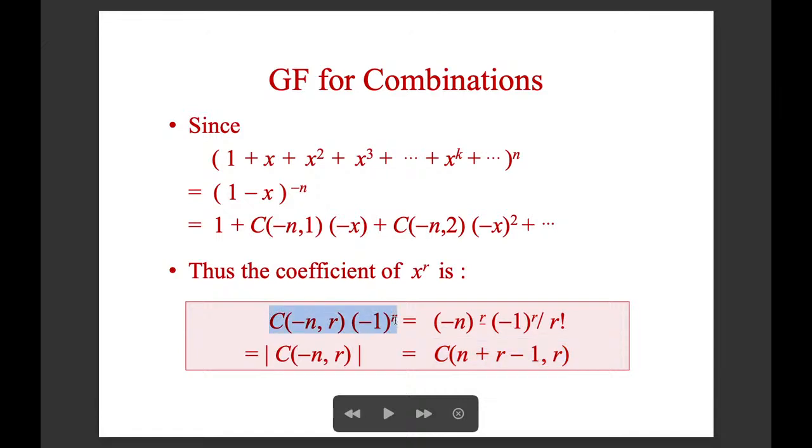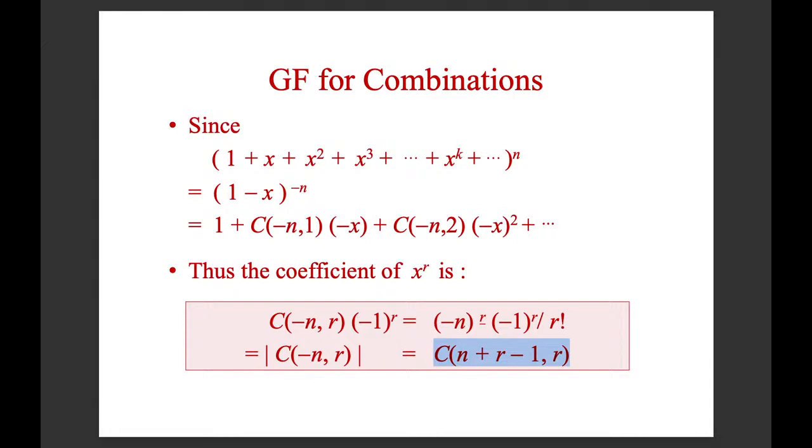This term is actually this term. And what does that mean? It means that the coefficient of x to the power r is exactly n plus r minus 1 choose r. What was the coefficient of x to the power r? This corresponds to I have r objects to be selected out of n types, each type having unlimited supply.